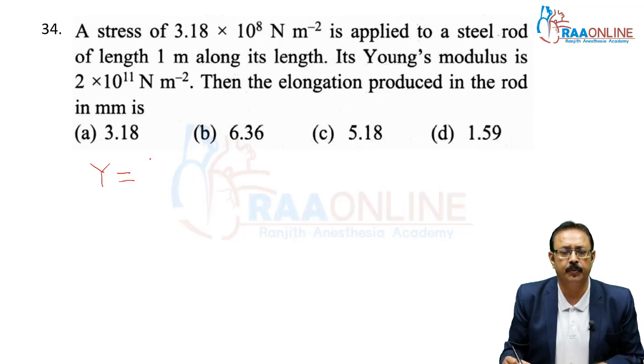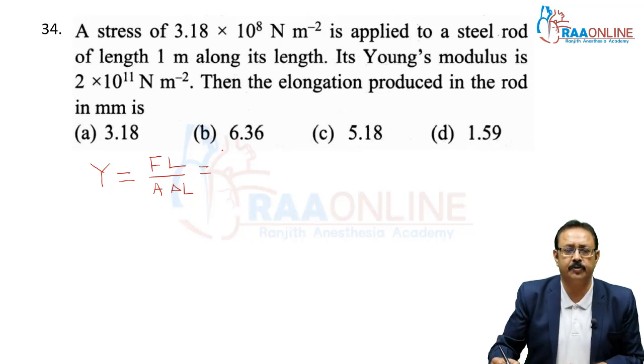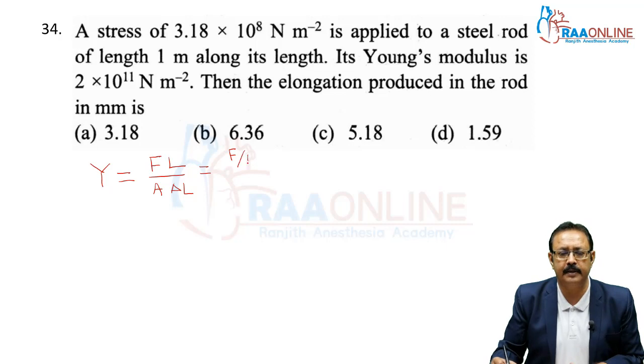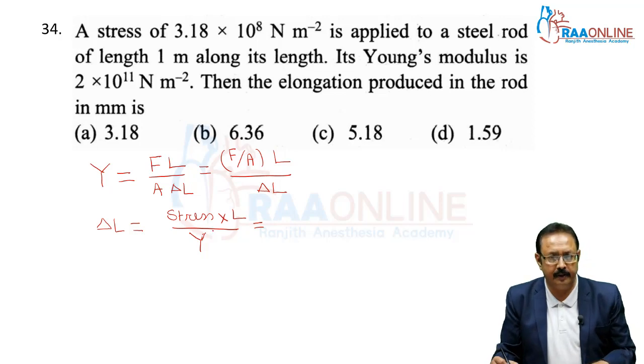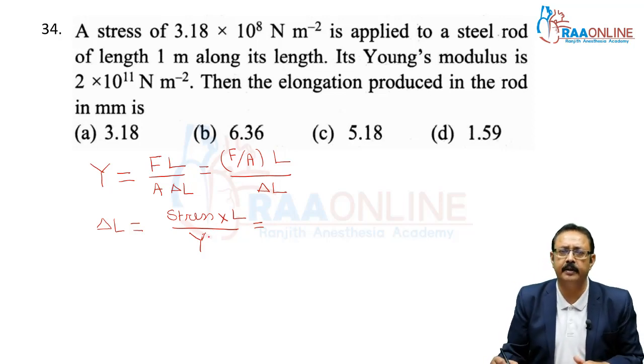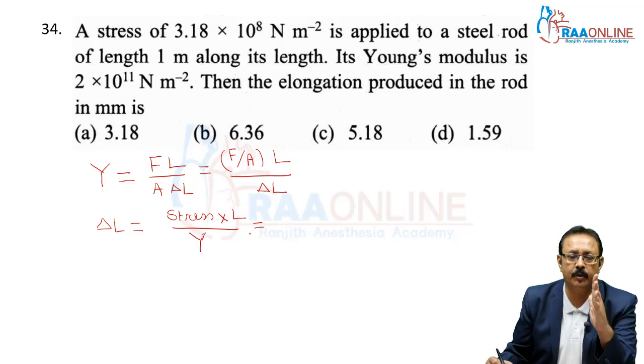Y is equal to FL upon A delta L. In this problem they gave us stress, means F upon A is directly given, L is given. We want to calculate this delta L. So first making my formula, delta L should be this stress, which is given, into original length upon Y. First I am using SI units, so I will get the answer in meter. After that I will change it to millimeter, because I know that 1 meter is equal to 1000 millimeter.